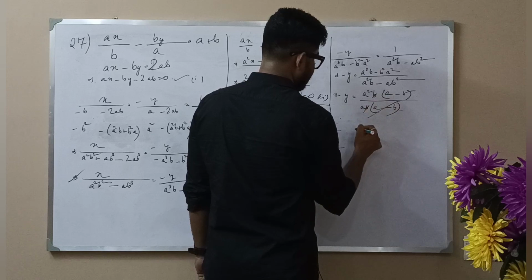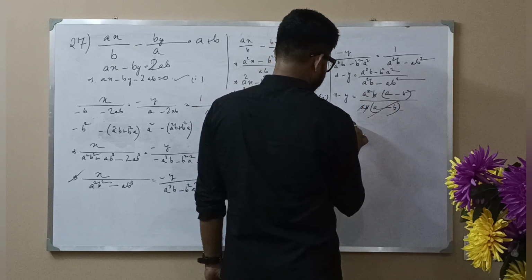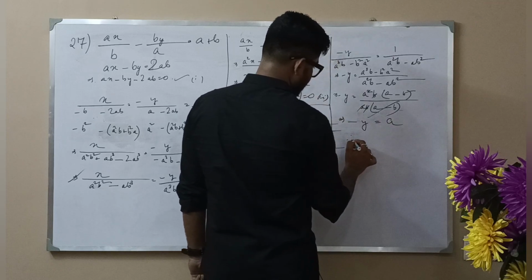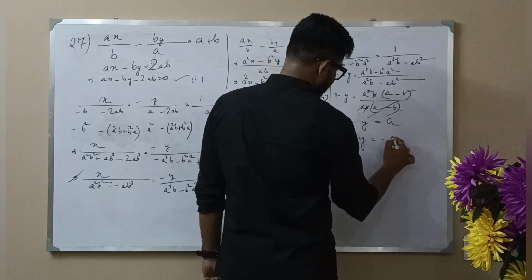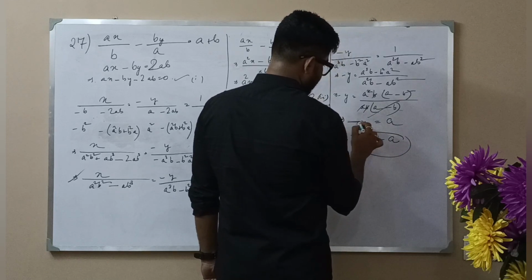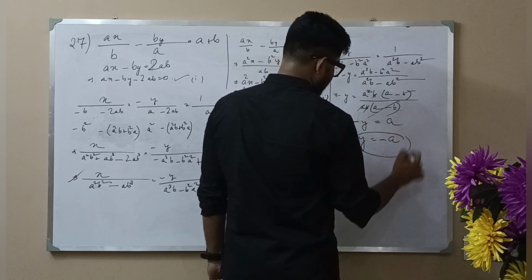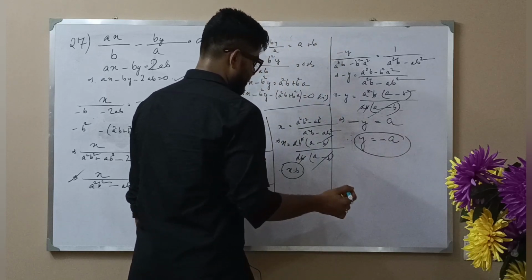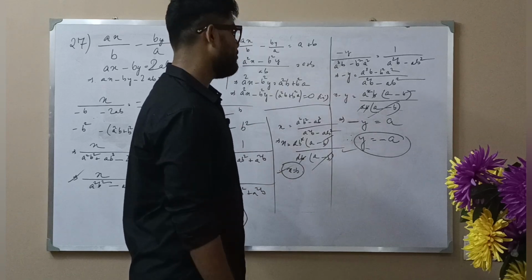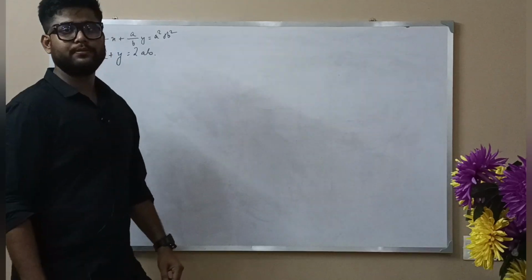Now b will get cancelled, a will get cancelled, so minus of y equals to a, therefore the value of y is minus of a. Please keep it in mind, there is a negative sign over there. If you do not give the negative sign, you will not get marks. So the value of x is b and the value of y is minus a.